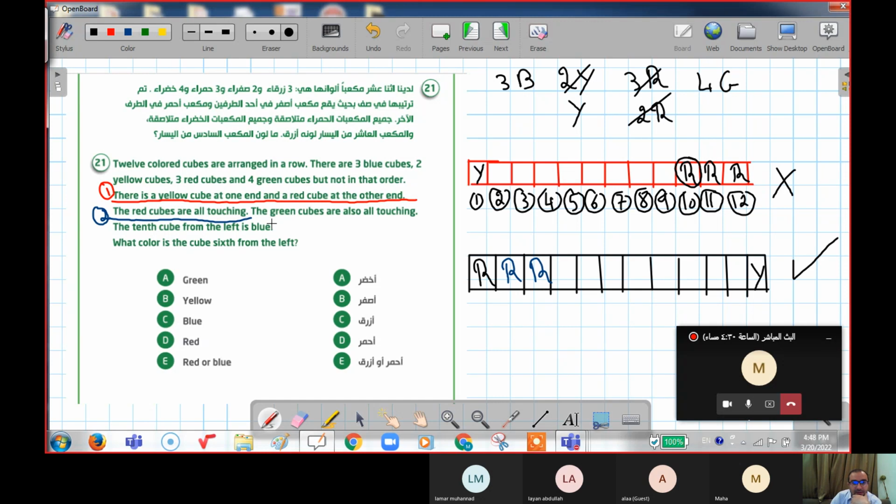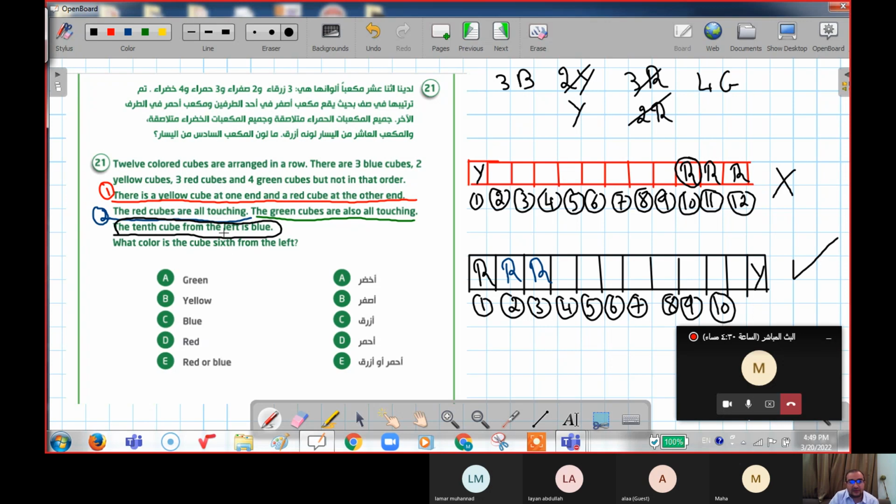The third one, the green cubes are also all touching, but I don't know where I must put the green cubes. The last and most important one says the 10th cube from the left. So I start counting from here: 1, 2, 3, 4, 5, 6, 7, 8, 9, and here is 10.